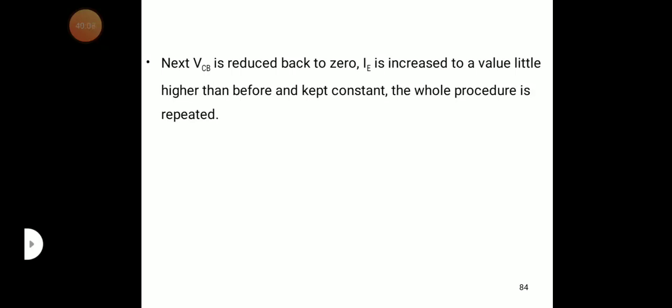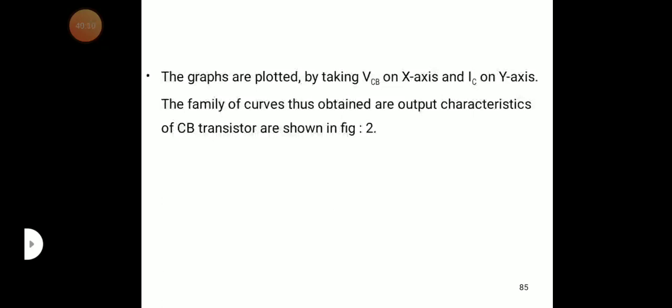The whole procedure is repeated. The graphs are plotted by taking VCB on the x-axis and IC on the y-axis. The family of curves thus obtained are the output characteristics of the common base transistor.